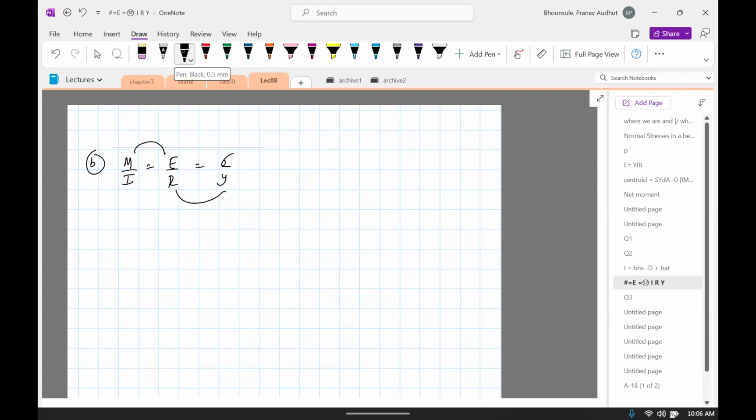Since we know everything on the left side, we also know everything on the right side. It's usually better to use something which we have more confidence in, sigma by y, perhaps, because you did those calculations, you could be wrong. So better off using sigma divided by y. Let's use that. We need to compute 1 divided by r, which is the radius of curvature.